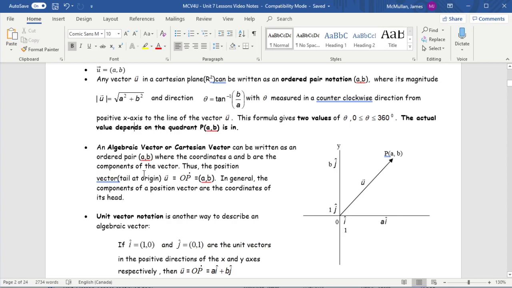Now, the ordered pair AB, you could think about as a coordinate if you think of the origin as the beginning of your vector. Now, again, not every vector has to start at the origin. In fact, no actual vector starts at the origin, because a vector can start wherever you want it.